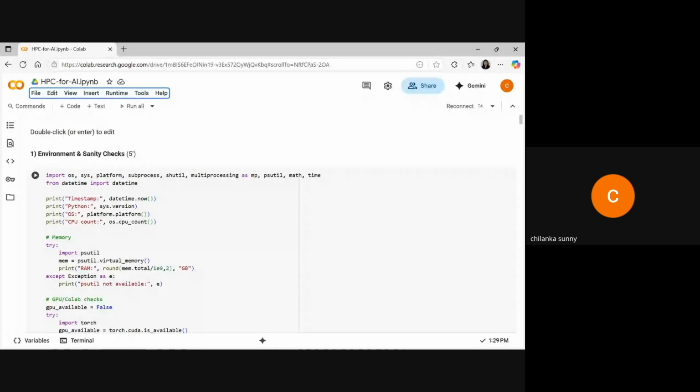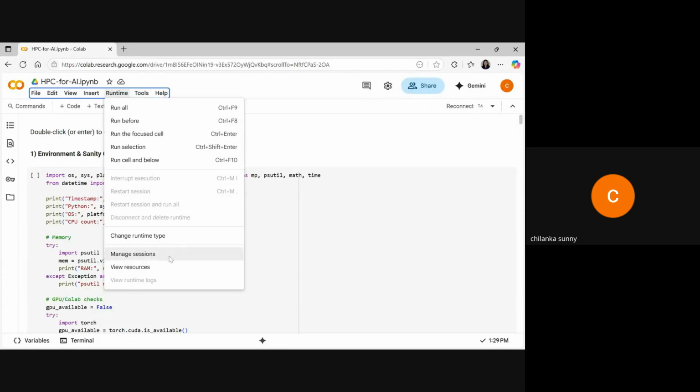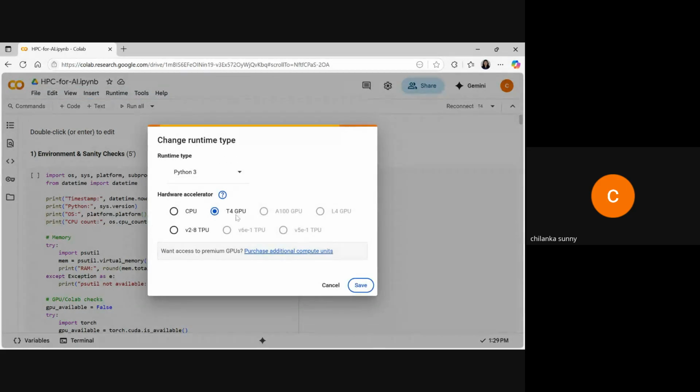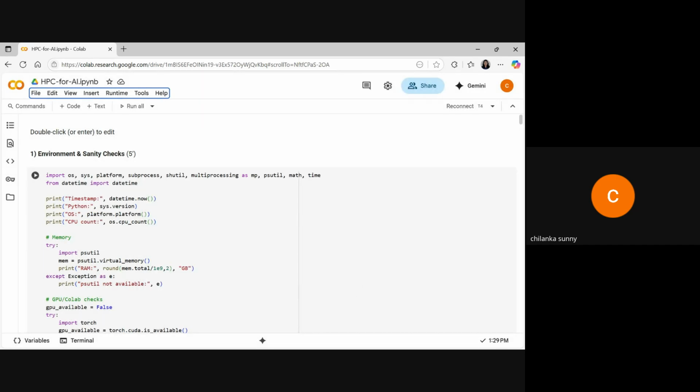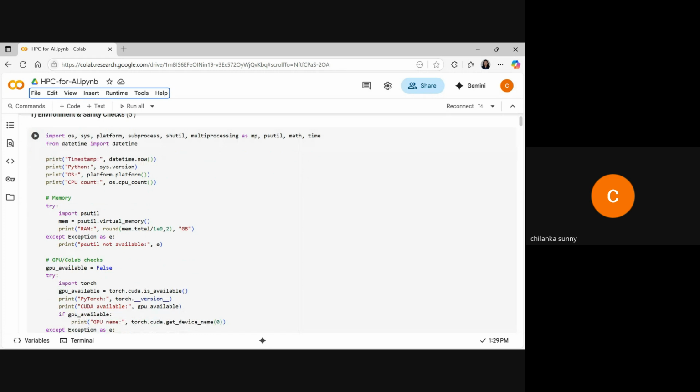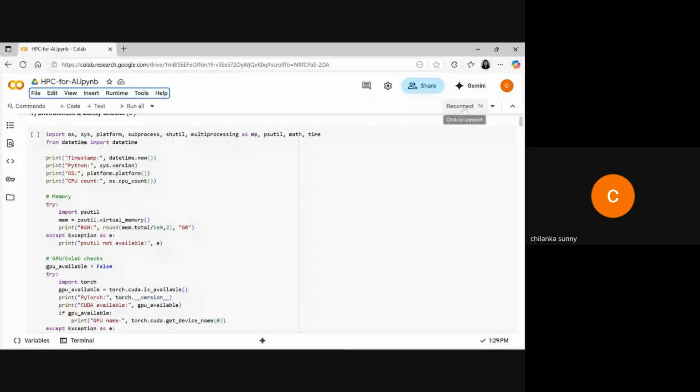Okay, in Google Colab, we have access to a T4 GPU, which is good enough for our simulation for these micro benchmarks, which I'll be showing now. So let's connect to this T4 GPU. And okay, let it connect.